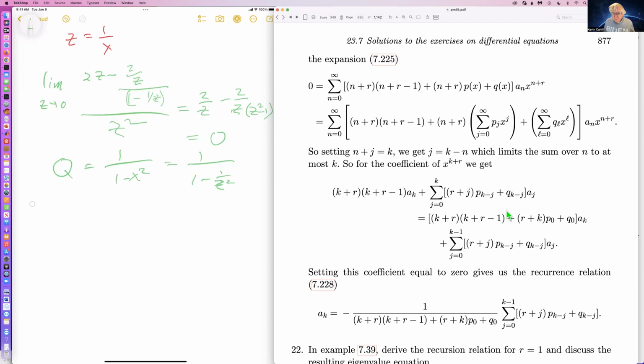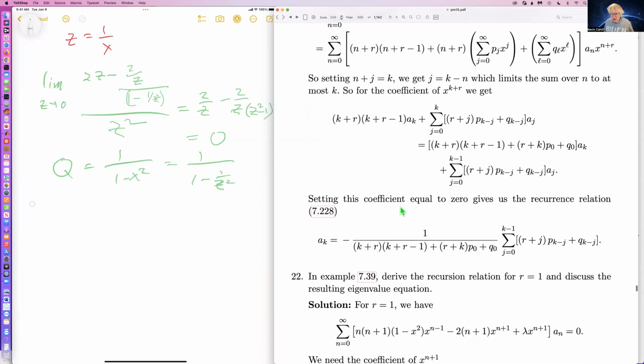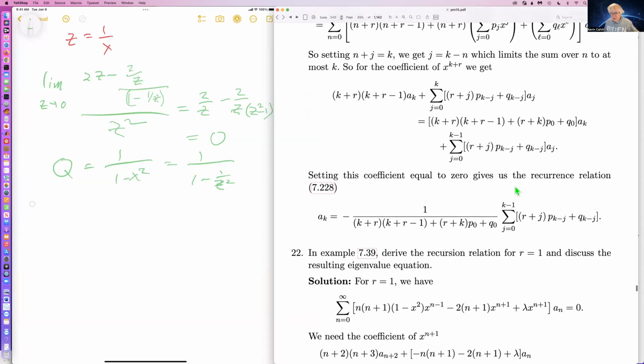So what do you do here? You set n plus j equal to k, or j equal to k minus n. That means that n cannot go any higher than k, and you then find this as the condition, and then you just divide through by the coefficient. You divide through and you see that you get this expression.